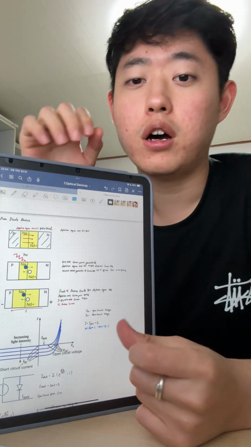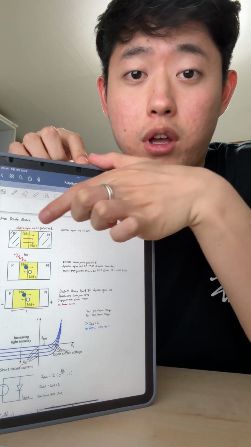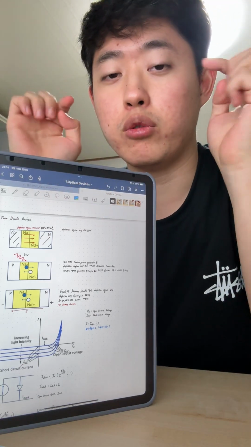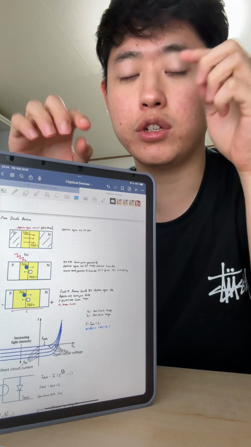Now for the diode basics: diodes have a depletion region in the neutral, non-bias condition.